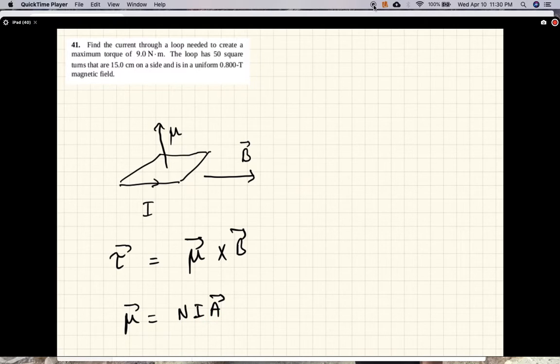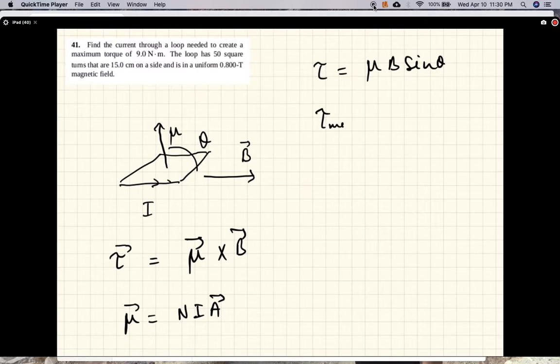The maximum torque happens when the angle between the magnetic moment and the magnetic field B is 90 degrees. The magnitude of the torque is mu B sine theta, where theta is the angle between the two.